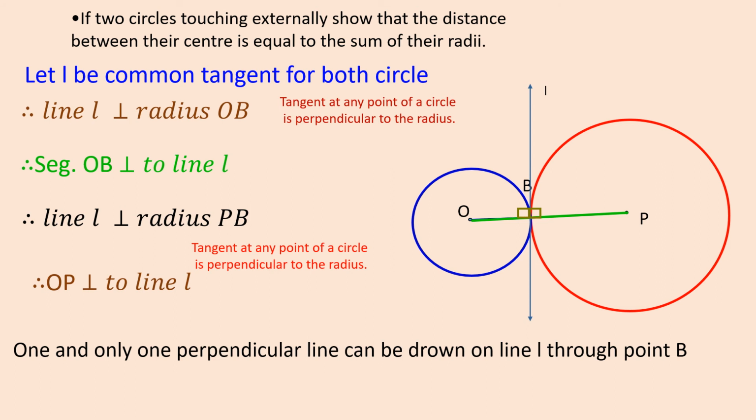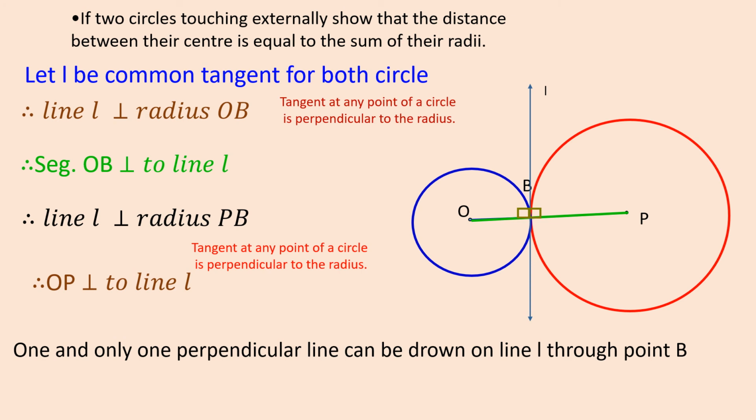One and only one perpendicular line can be drawn to a line through a point B. That means for your line L and point B, you have OB perpendicular and PB perpendicular at point B. Therefore, we say that PO is the one segment which is perpendicular to line L. And since it is one segment, we say that point O, point B and point P are collinear points.